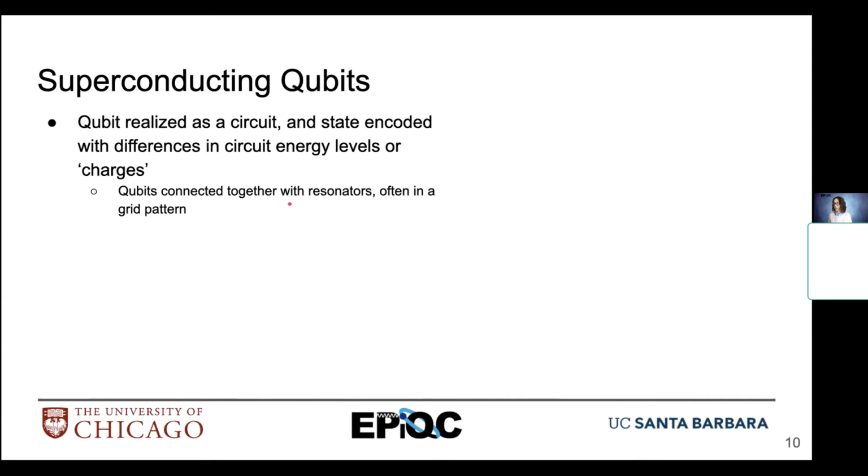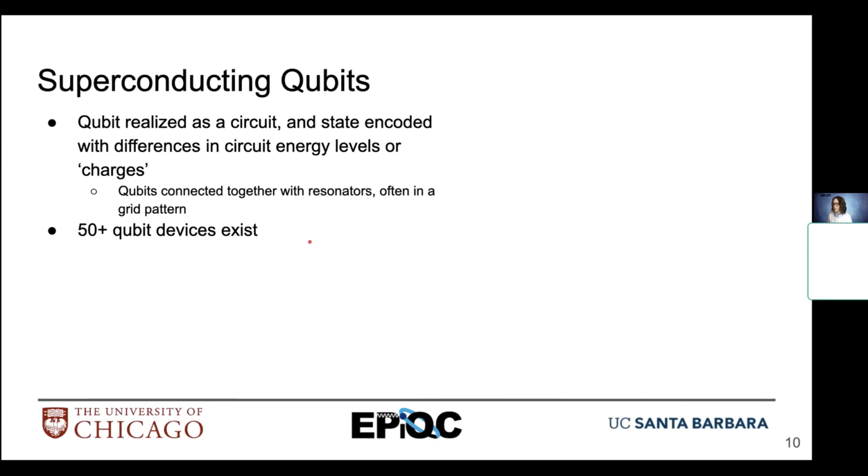Even though they aren't fully connected, as we saw with the IBM Yorktown device, they can implement swap operations to enable communication between those qubits. But oftentimes, these devices are arranged in a grid pattern so that there are as many connections with the locally adjacent qubits as possible. We call this a nearest neighbor topology, as a side note.